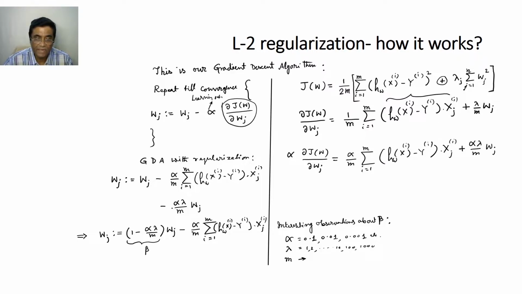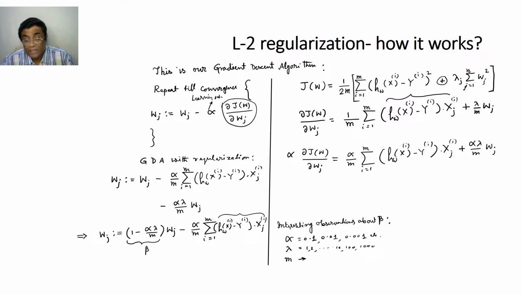Because of this minus and minus, now look carefully, I can do a little arithmetic here. Taking wj common: wj times 1 minus alpha lambda divided by m, minus alpha by m times this term.